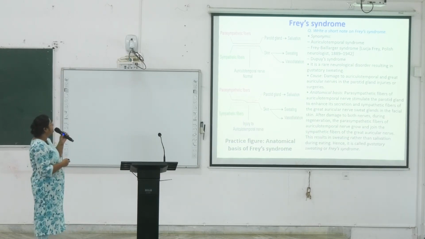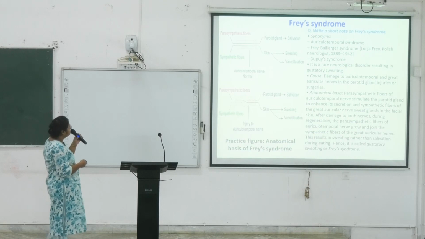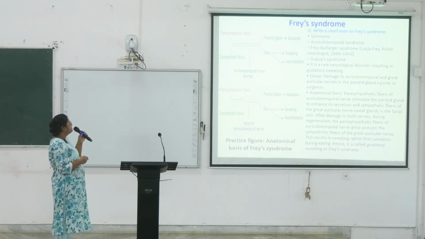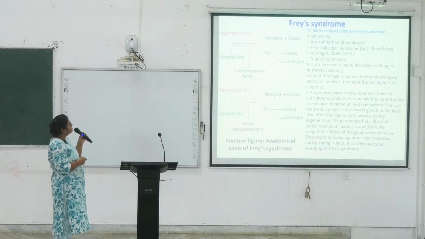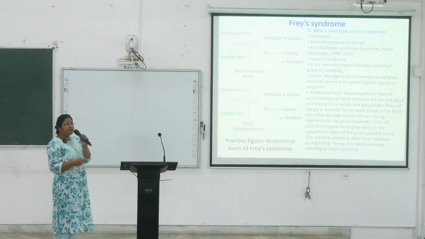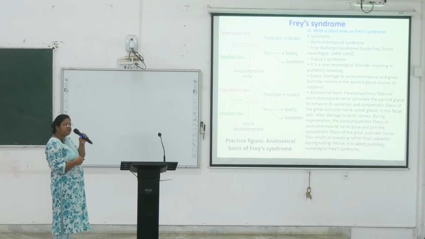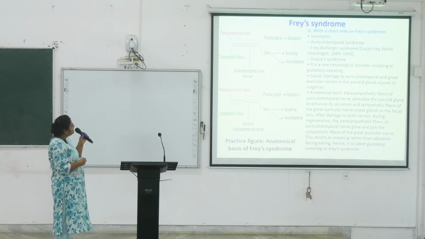Okay. See here, the two nerve fibers are crossing through the auriculotemporal nerve. Parasympathetic fibers are going to the parotid gland for salivation. Sympathetic fibers are going to the skin, causing sweating and vasodilation. If injury occurs to this nerve, these fibers are cross-connected during regeneration.